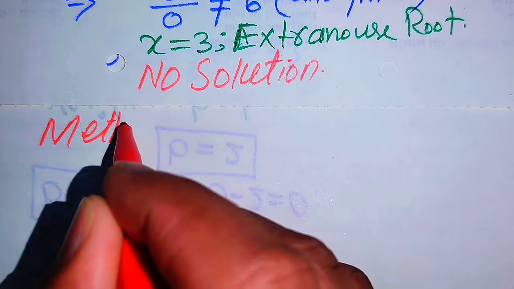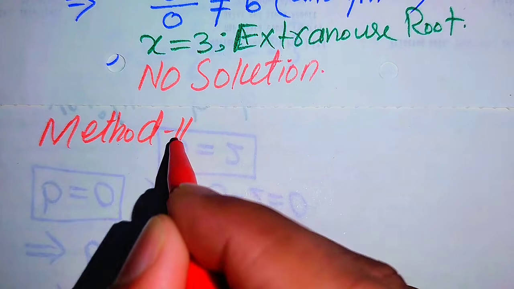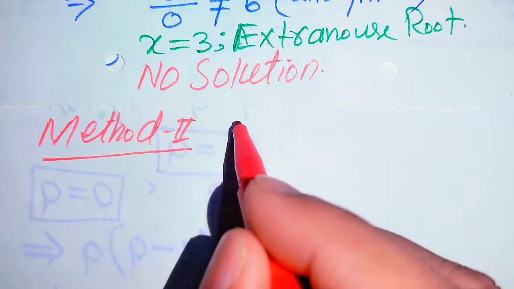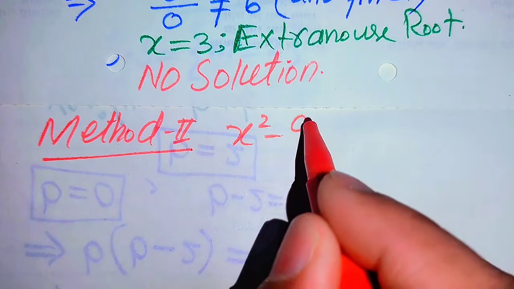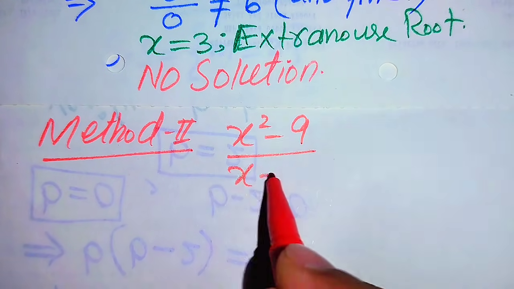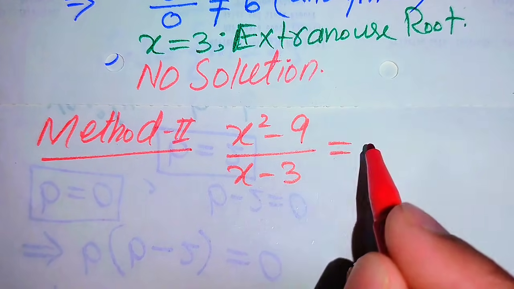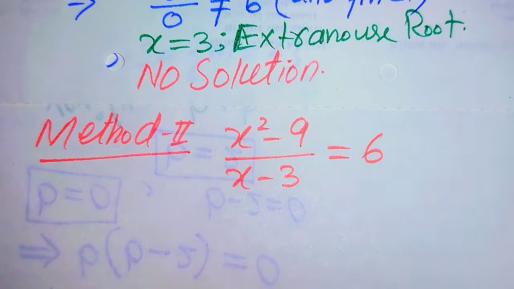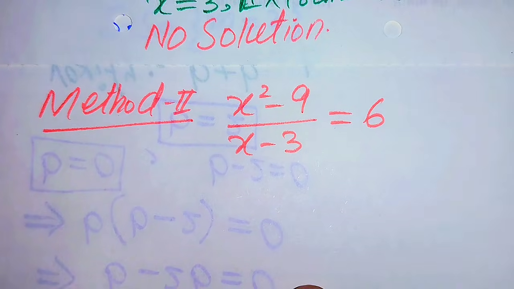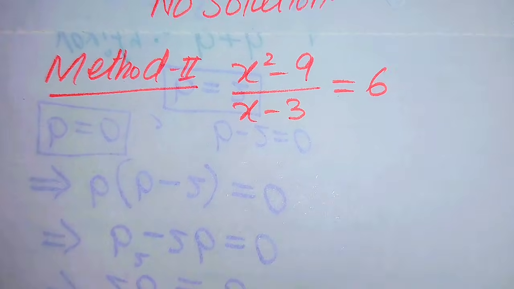So in the second method we need to copy down the given question statement, which is x squared minus 9 divided by x minus 3 equals 6. Here in the second method we use this nice algebraic formula.